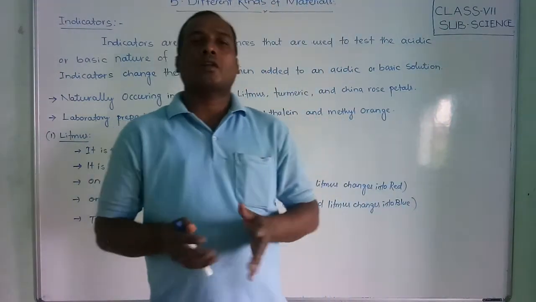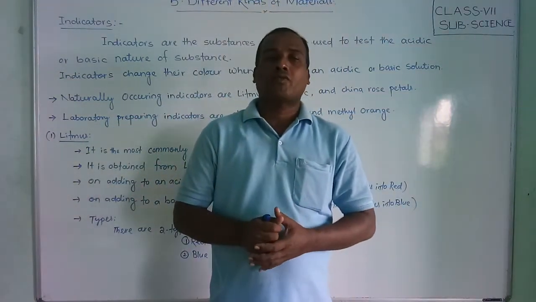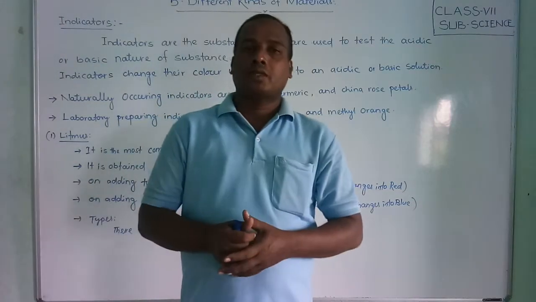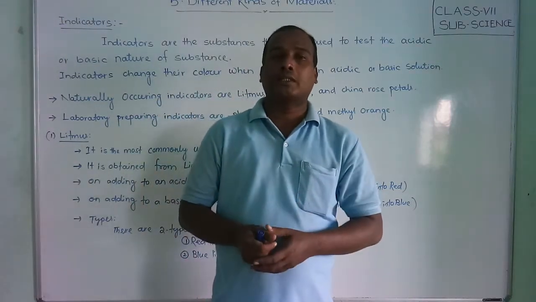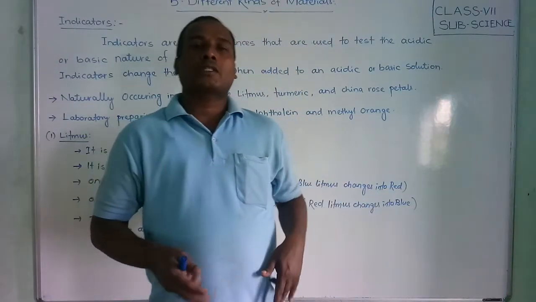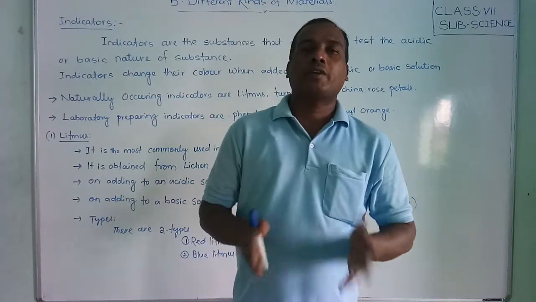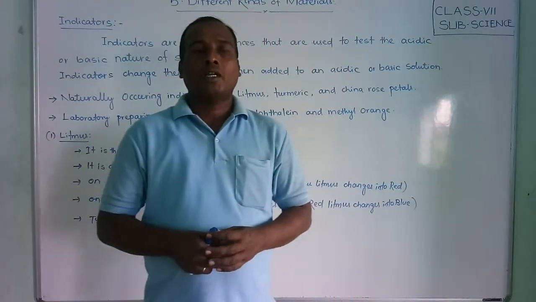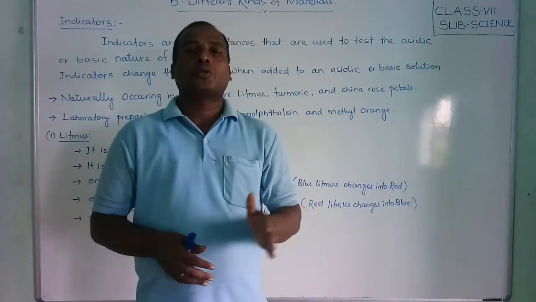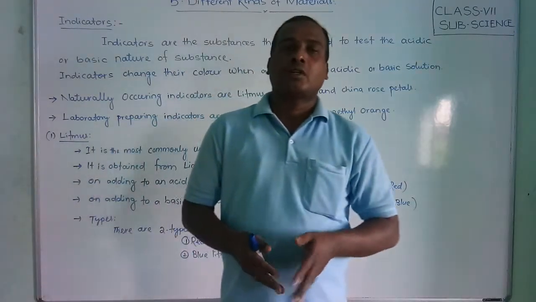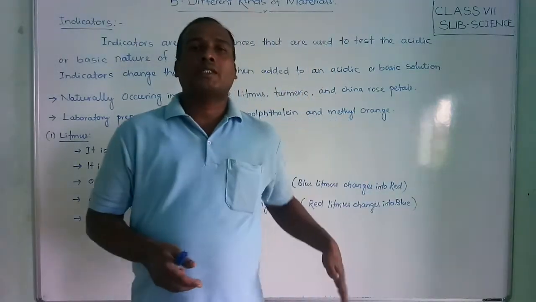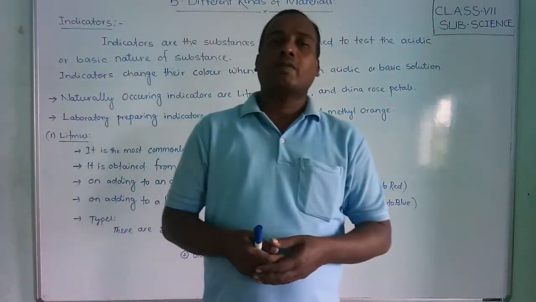Students, almost all of you are familiar with this word, indicators. While you are riding a bike, it has indicators: four indicators, two on the left side and two on the right side. Every vehicle has them. Why? Because they should give information about which direction you are going. If you want to go left, the left side indicator will light.